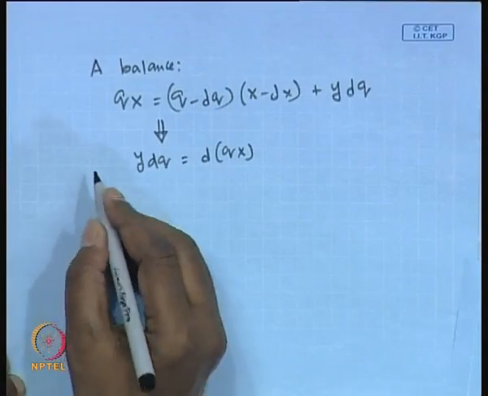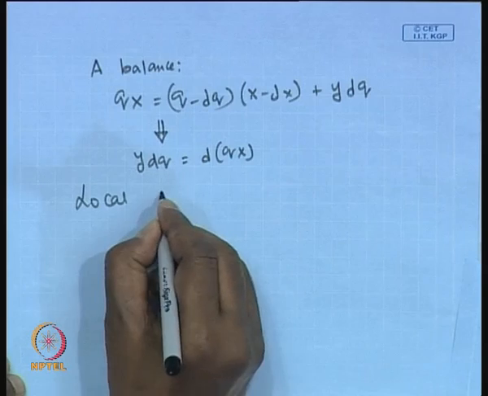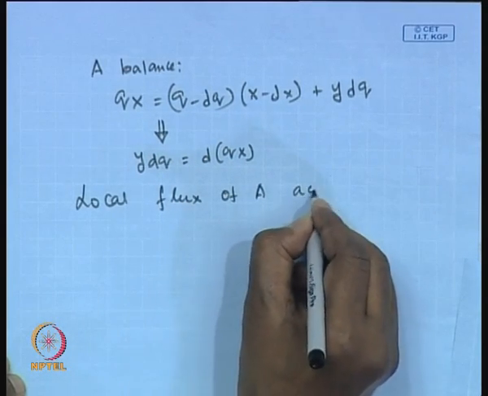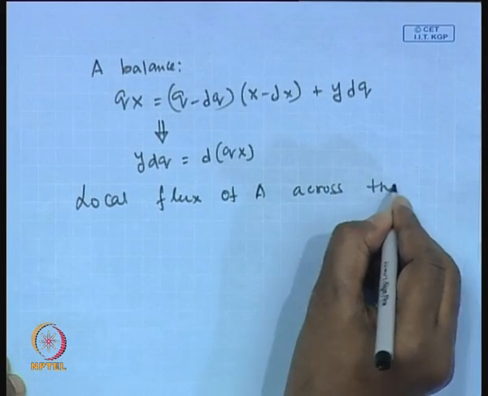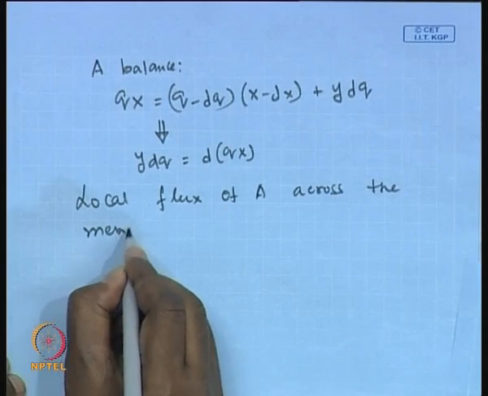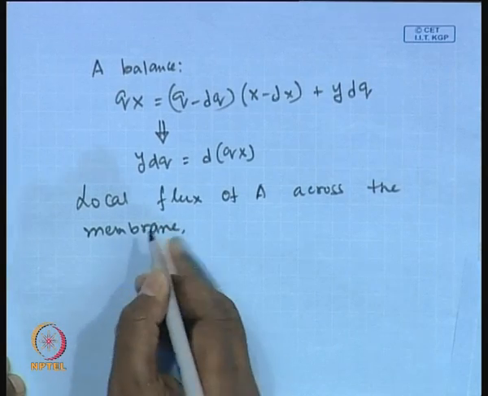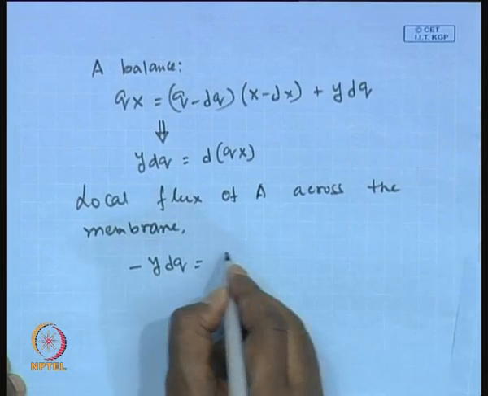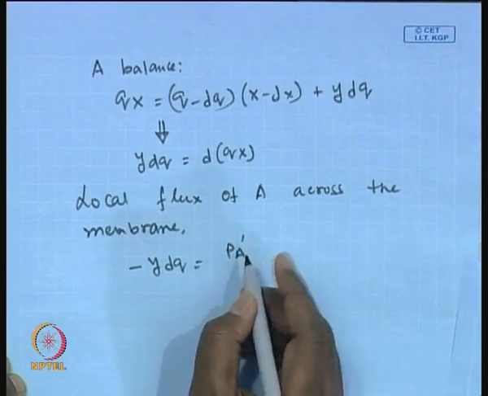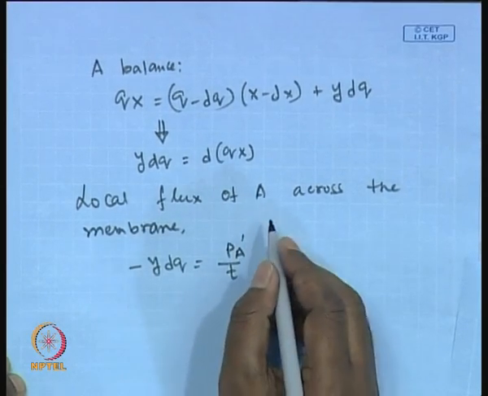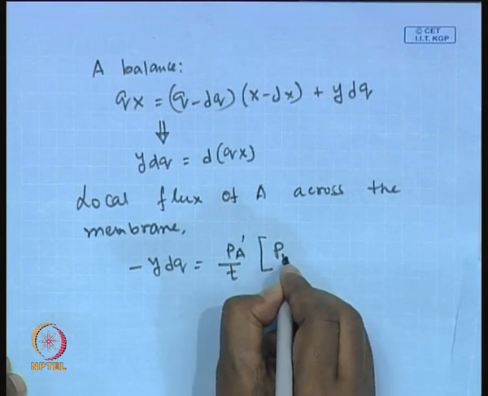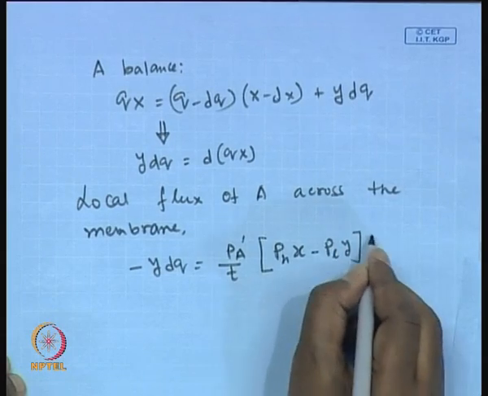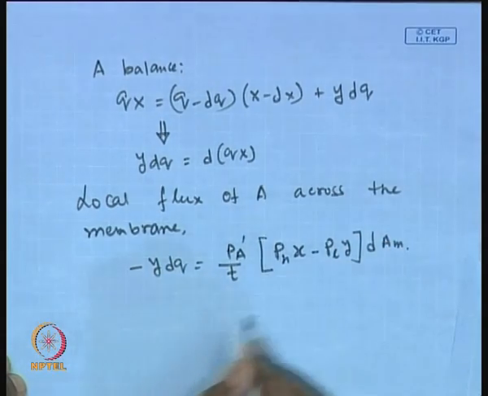So, if you would like to find out the local flux of A across the membrane, this gives you minus y dq is equal to P_A prime by T, T is the thickness, multiplied by (P_H times x minus P_L times y) multiplied by dA.